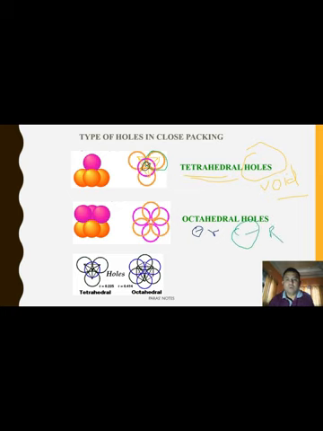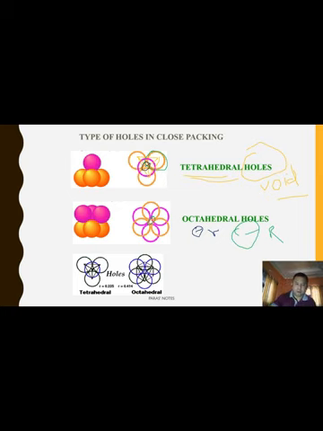Now we are going to find out the relationship between small r and capital R in a tetrahedral void and an octahedral void. Again, I am repeating, small r is the radius of the sphere that would have fitted inside the void. There is no sphere, but it is the biggest sphere which can be fitted inside that void, as well as this void. And capital R is the radius of the spheres which make the void.